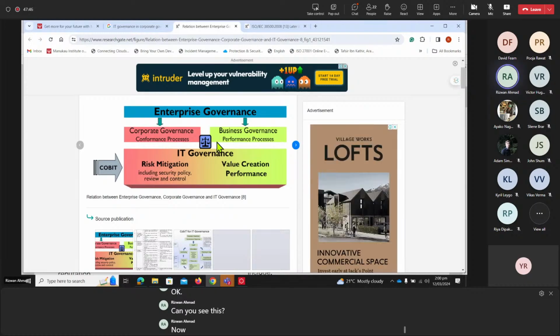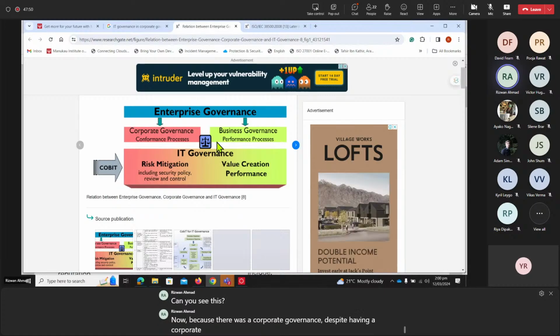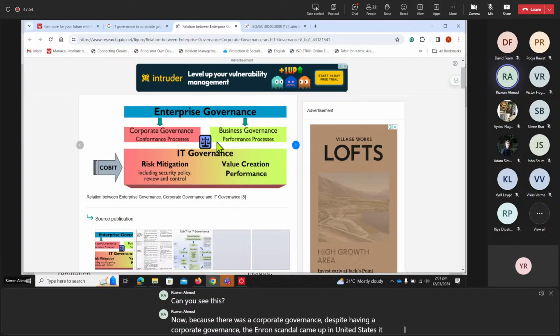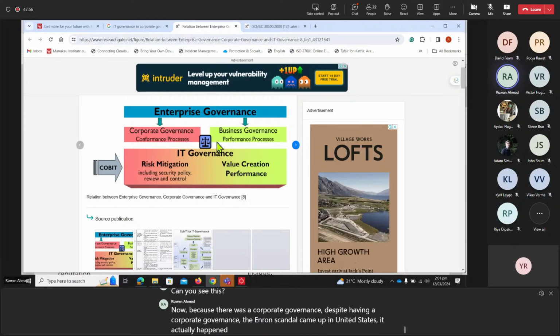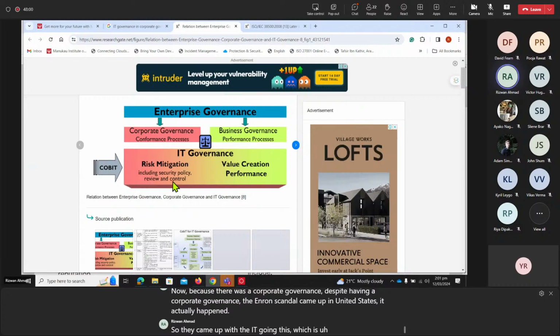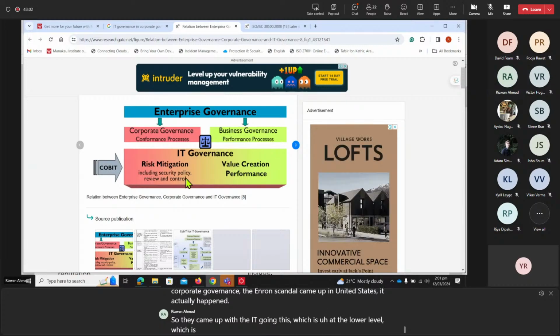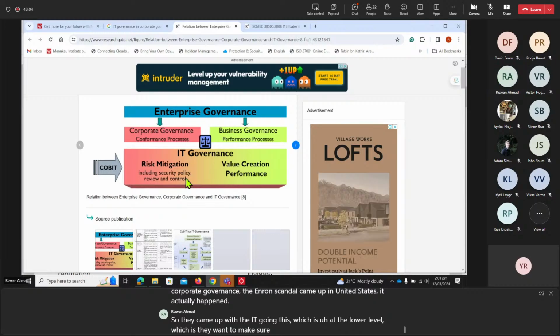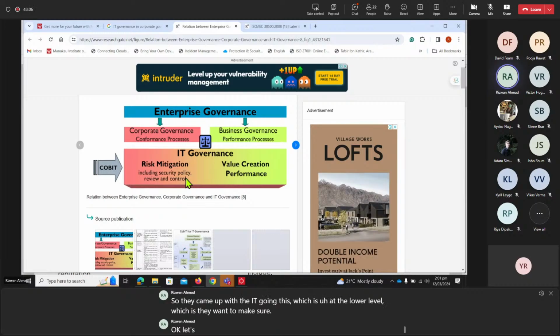Now, despite having corporate governance, the Enron scandal came up in the United States. It actually happened. So they came up with IT governance, which is at the lower level. Let me ask you a question.